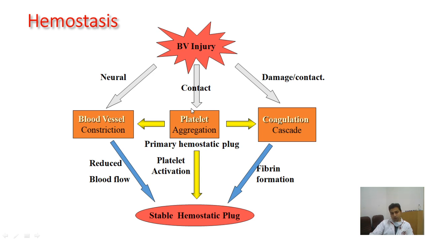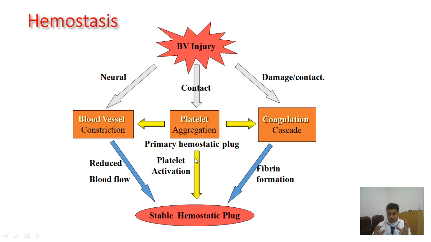Along with this, the exposed collagen comes into contact with the platelet surface. On the surface of the platelet there are receptors 1b9 and 2b3a, and these interact with receptors on other platelets, leading to formation of a temporary platelet plug called the primary hemostatic plug.